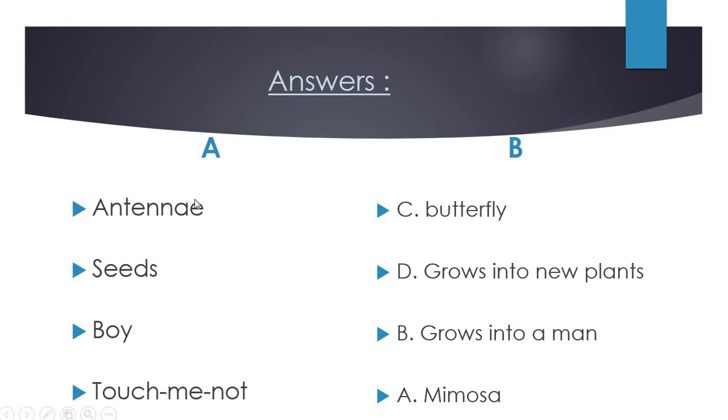Antenna, butterfly, seeds, grow into new plants, boy, grows into a man, touch me not, mimosa. So I hope you might have written these answers. If you are not able to finish, it's okay, you can watch the lecture again. So this was the match the following for question bank number 1.